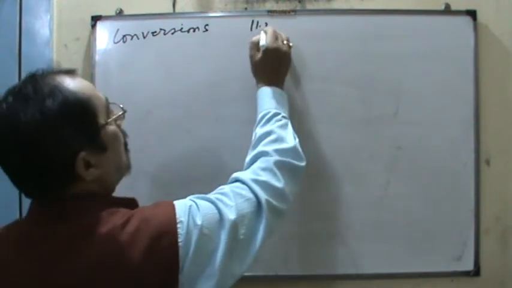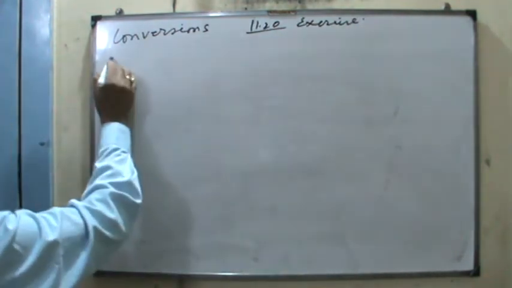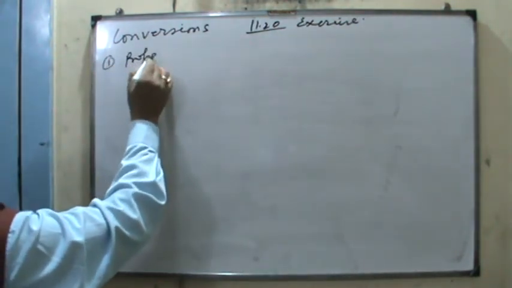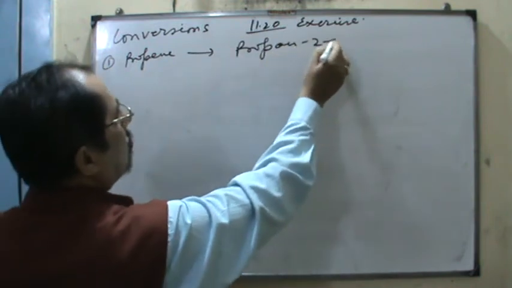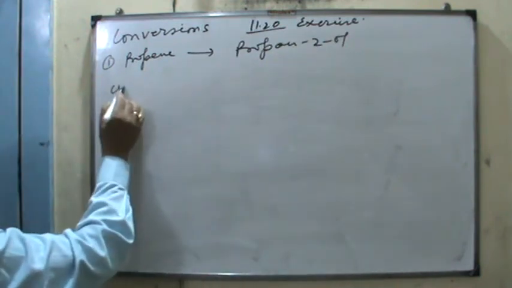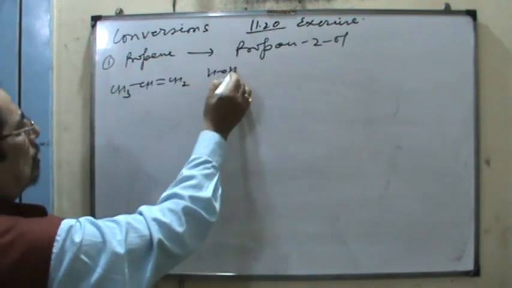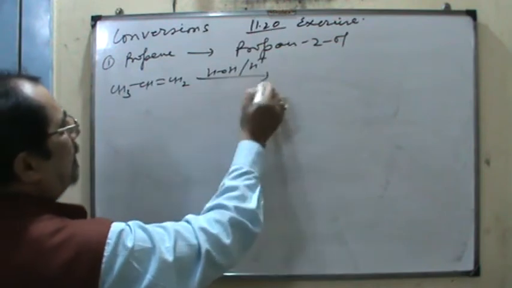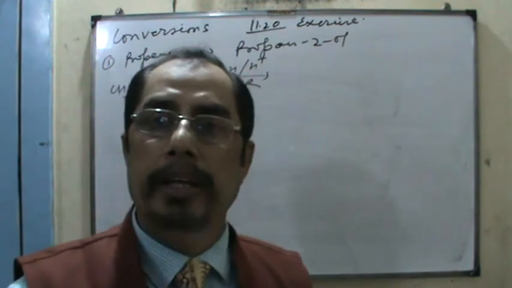This is exercise 11.20. First is propene to propan-2-ol. You can go for hydration: add a water molecule to the double bond in the presence of H+, applying the Markovnikov rule here.